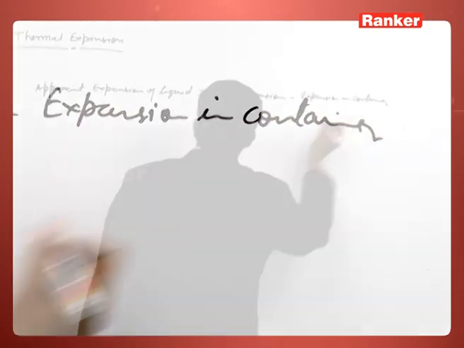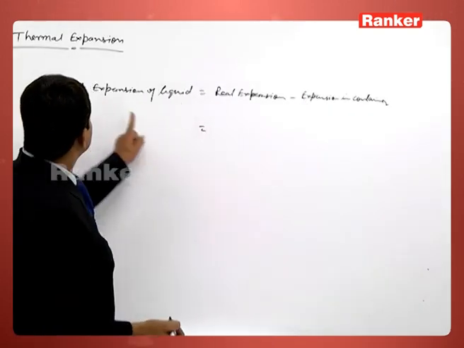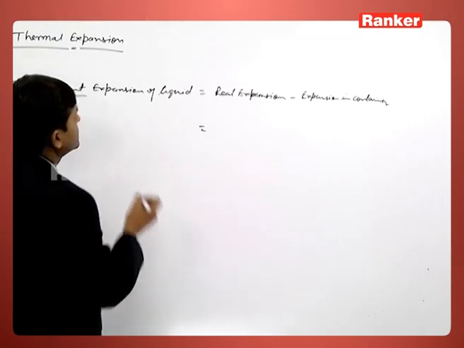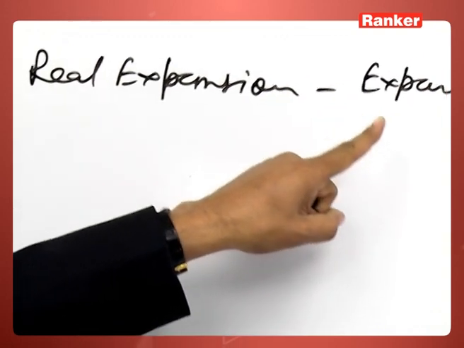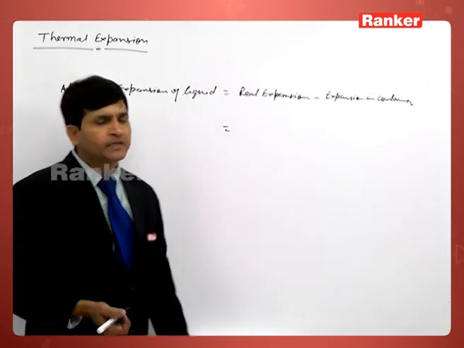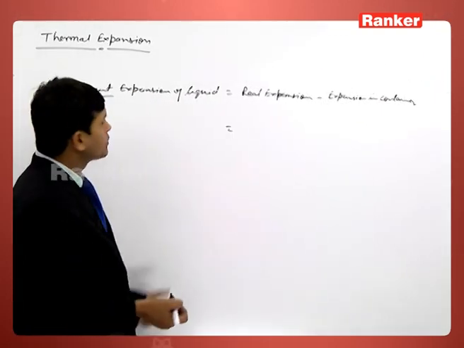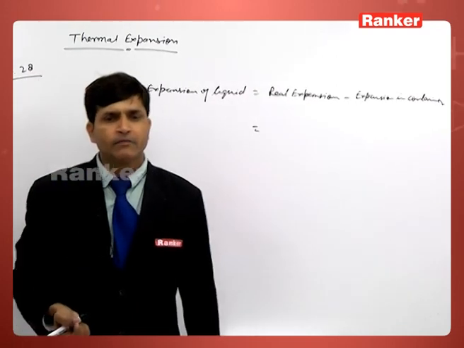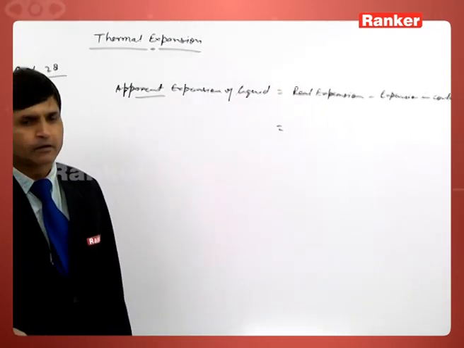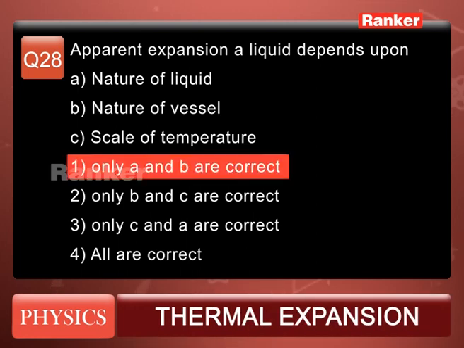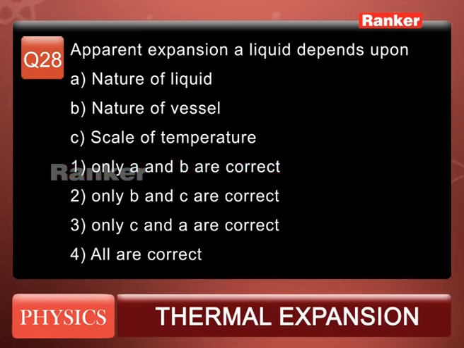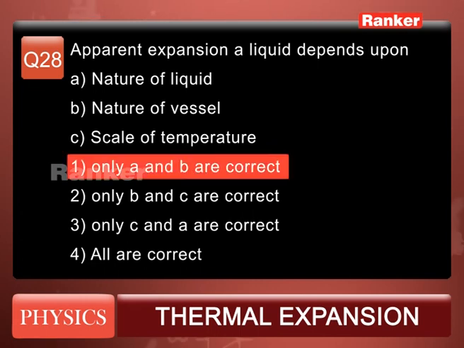So the apparent expansion depends on the nature of the liquid as well as the nature of the vessel or container. So A and B are correct. Hence option number 1 is the correct option, because it depends on the nature of the liquid as well as the nature of the vessel.